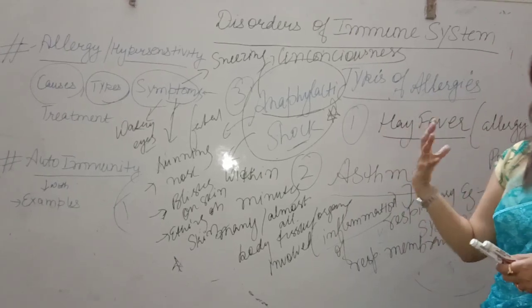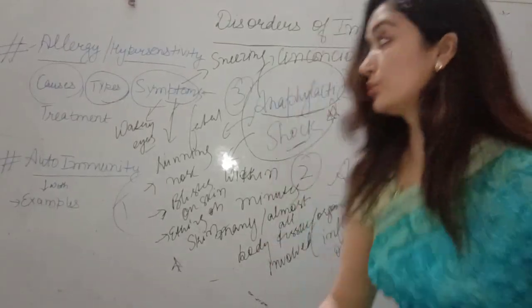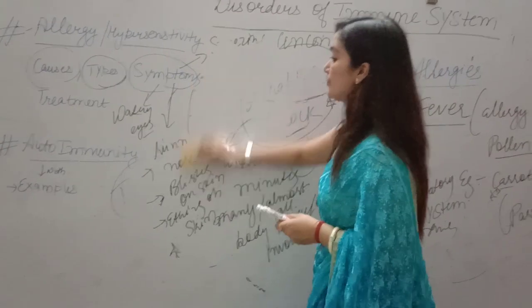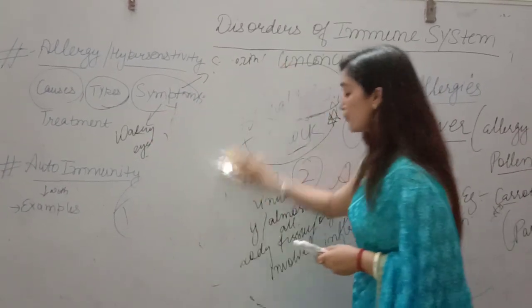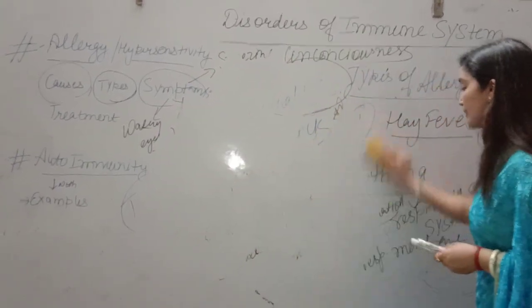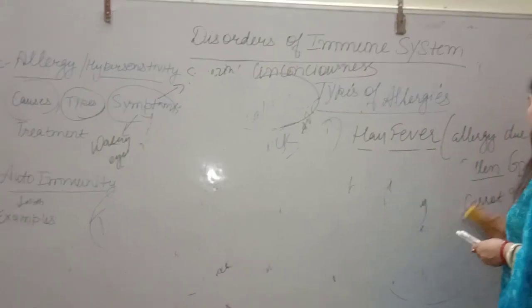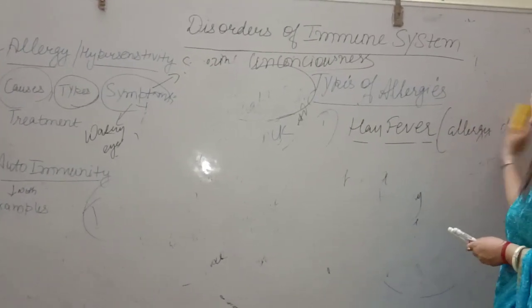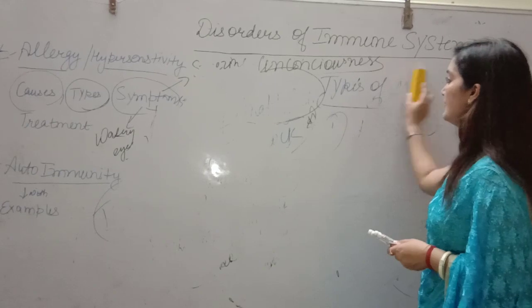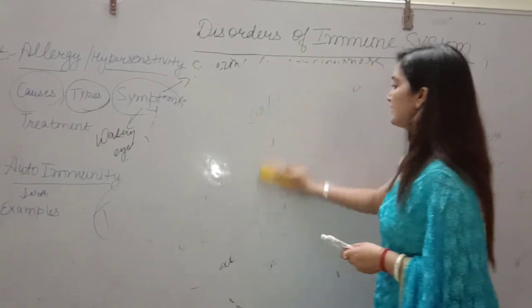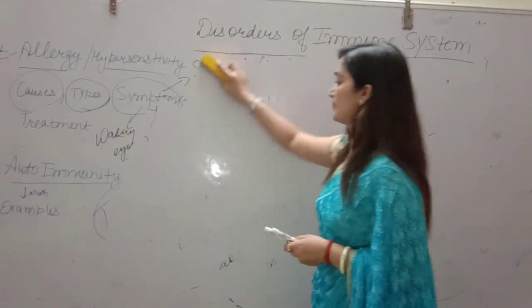Now coming to the next topic, autoimmunity. Students, as you all know, our immune system is to protect us from disease, from various pathogens, and this ability of our body is called immunity. But what happens when this system doesn't work?